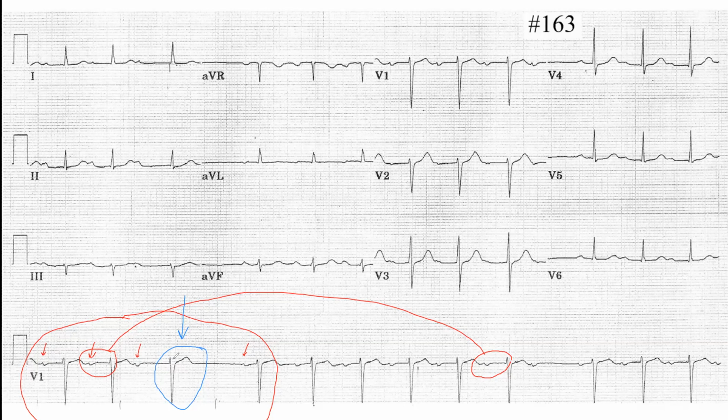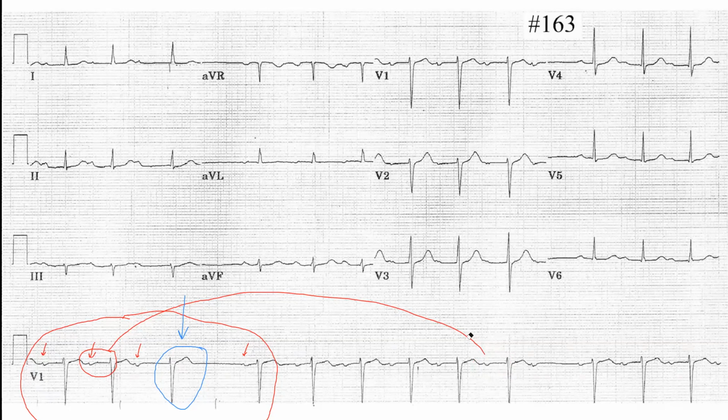There is a chance when the AV does not conduct that the lower center is going to fire. This is why we call it an ectopic, basically a later coming beat. Junctional beat, exactly. Okay. Good. Thank you.